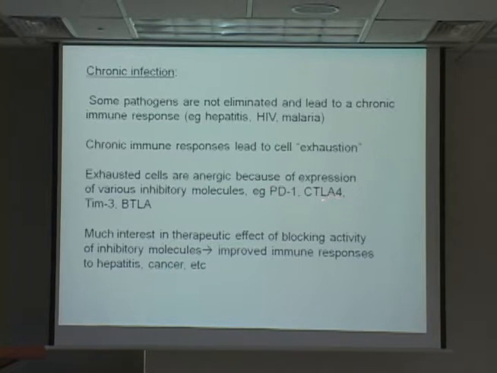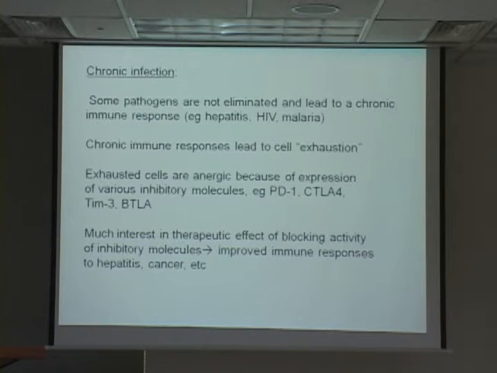I mentioned CTLA-4 before, and these can be expressed at a high level on these exhausted cells. And then there are other molecules like PD-1, TIM3, BTLA, and so on. And there's a lot of interest in what these molecules actually do. And I've mentioned some of the functions of CTLA-4. And I want to finish off by talking about PD-1.